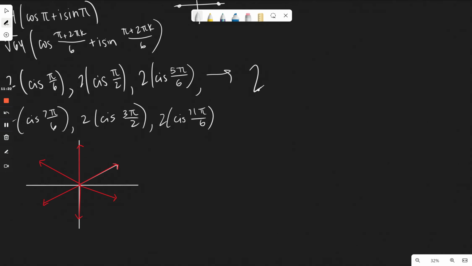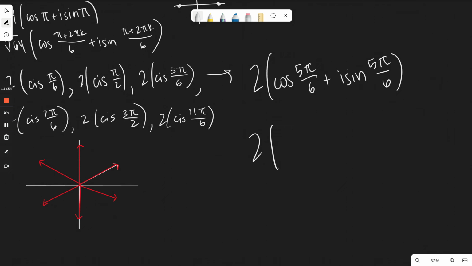And that's just 2 times cosine of 5 pi over 6 plus i sine 5 pi over 6. This becomes 2 times, what's the cosine of 5 pi over 6? It's negative square root 3 over 2 plus i sine 5 pi over 6, so that's plus 1/2 i. And so this becomes negative square root 3 plus i.